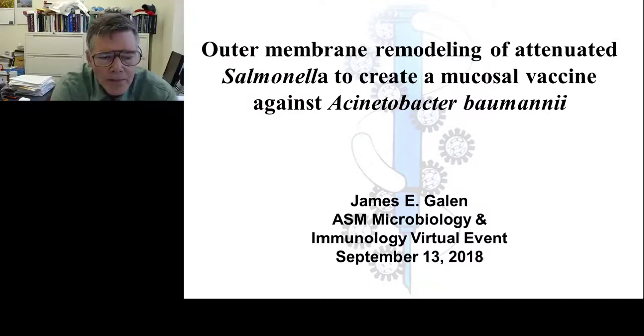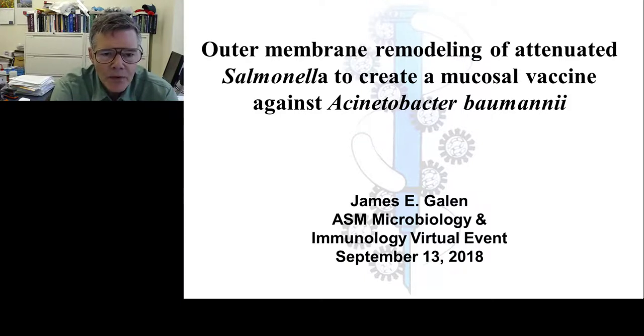Well, thank you very much for the opportunity to speak to you all this afternoon. We are going to be talking about a concept called carrier vaccines. Carrier vaccines are typically vaccines that are engineered from a bacteria to express foreign antigens from unrelated human pathogens expressed in this vaccine strain.